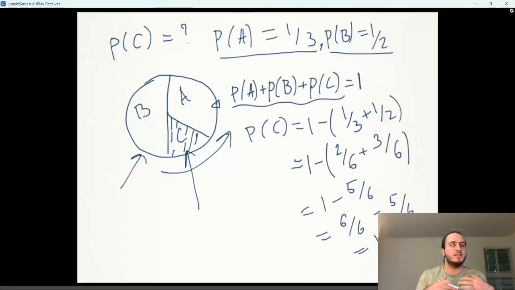So we must distinguish between mathematical probability and the surface areas of regions. It may not necessarily correspond, the mathematical probabilities and the surface areas of the regions. Does it make sense? Yes. Okay.